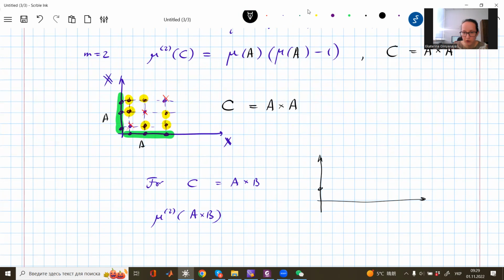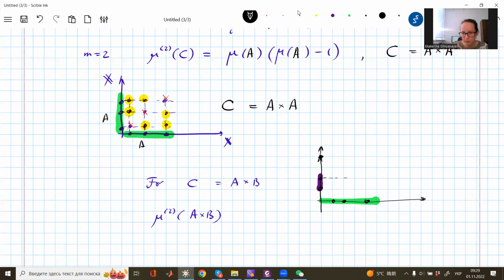If I have here points and so on. And let me take for subset A this one, and for subset B this one.